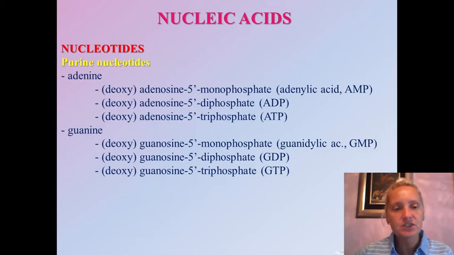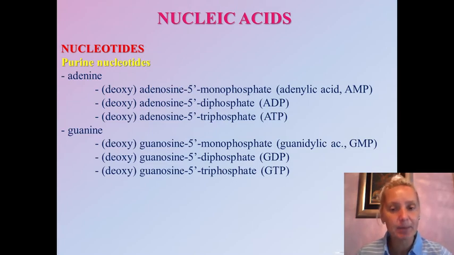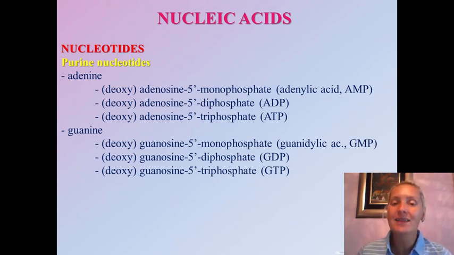So let's sort the names. From adenine we have adenosine 5' monophosphate, diphosphate, triphosphate, with abbreviations AMP, ADP, ATP. AMP is also known by the name adenylic acid, or adenylate as the form of salt.